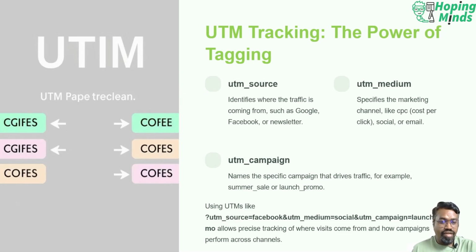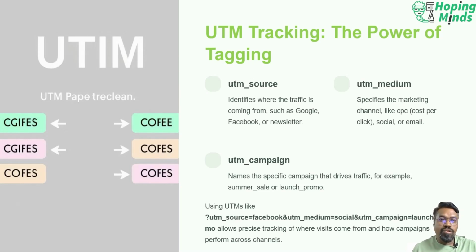Now, what is UTM basically? UTM is a code, we can say it is a code of text added to the end of a URL to track the metrics and performance of a specific digital marketing campaign.